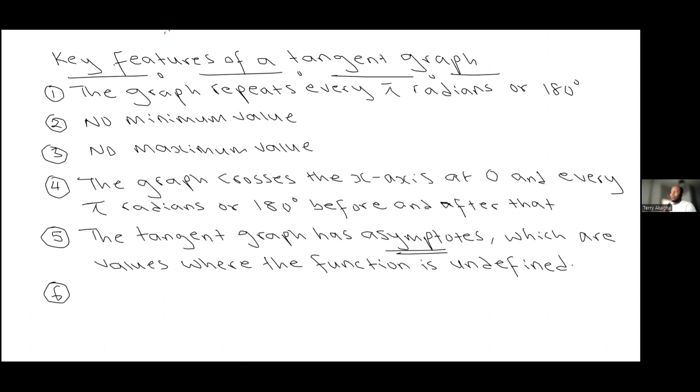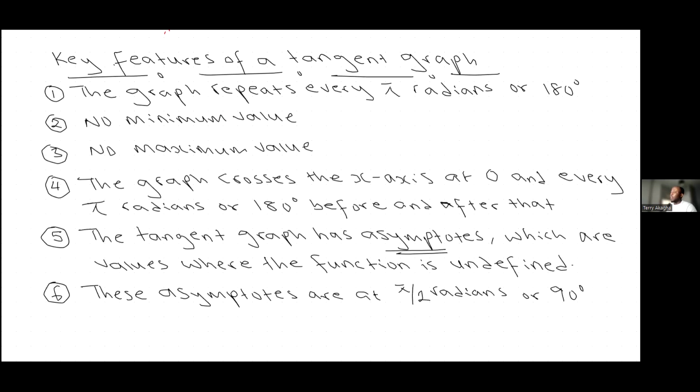Now, and also the vertical asymptote here is at every 90 degrees and 180 degrees after that, or pi over 2 radians and every pi radian after and before that. So this asymptote, that's number 6. So these asymptotes are at pi over 2 radians or 90 degrees.